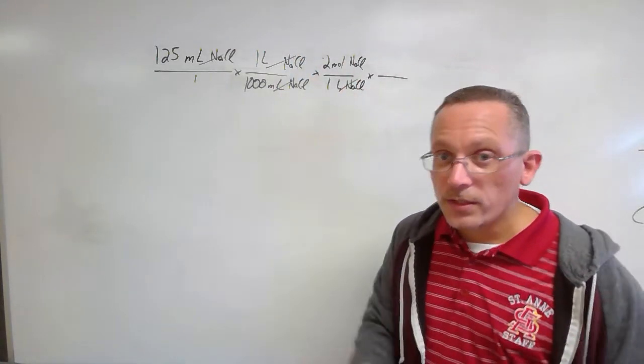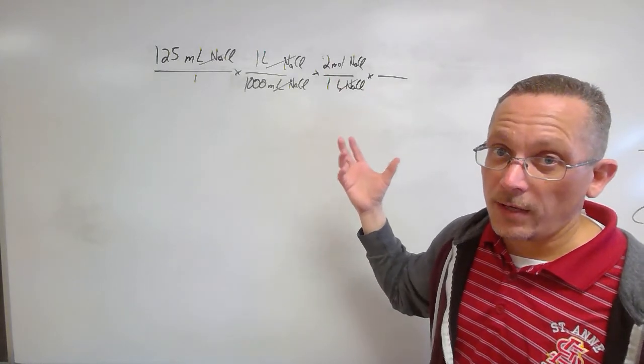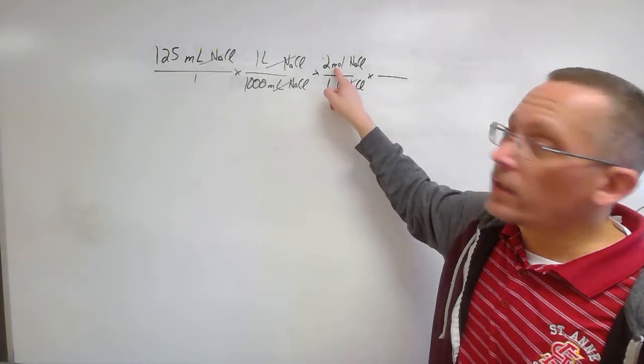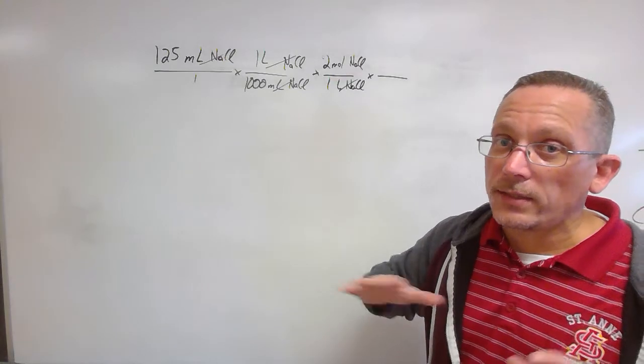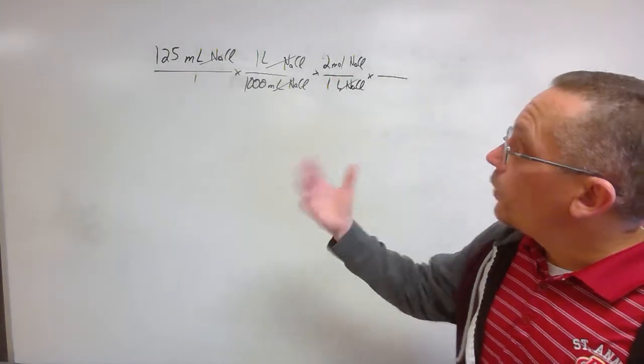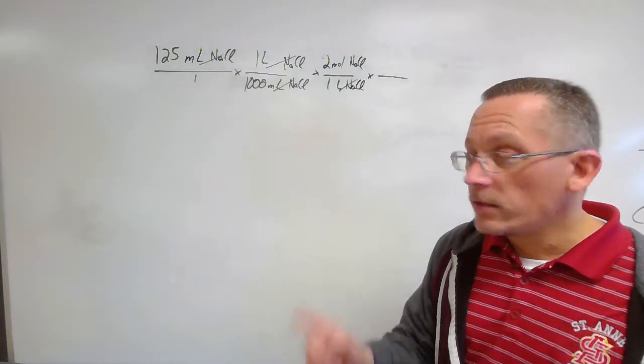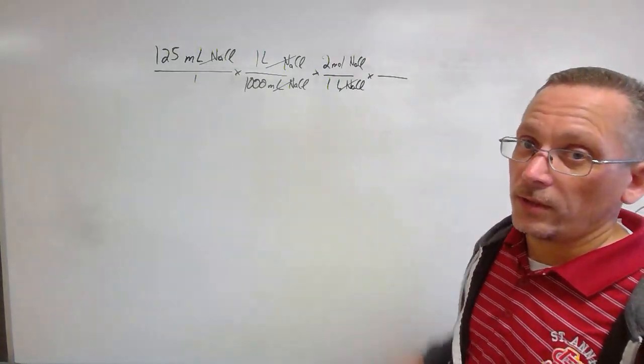the concentration is going to have moles on top and liters on bottom. So you see my moles on top? I don't want that to cancel. I want that to stay there because that's what the concentration is. So what I'm going to do now is take that 225 milliliters and put it on the bottom here.